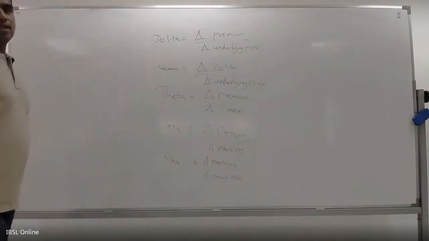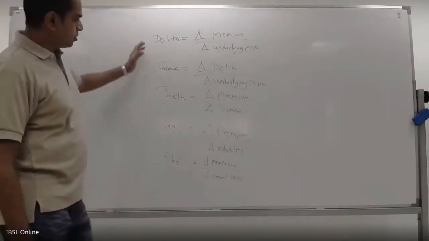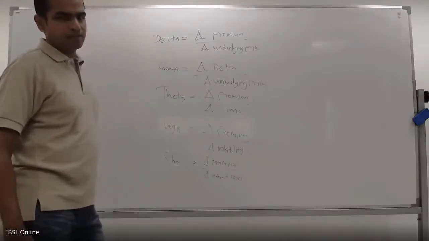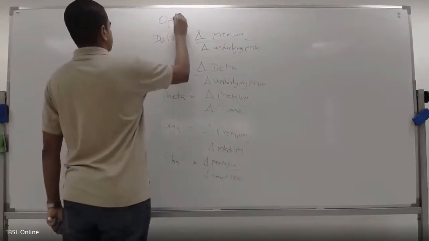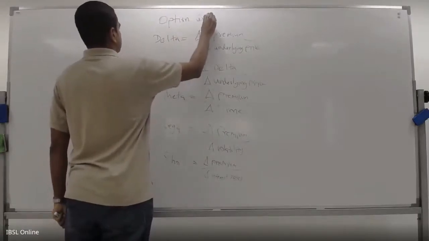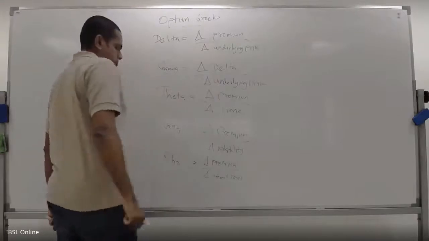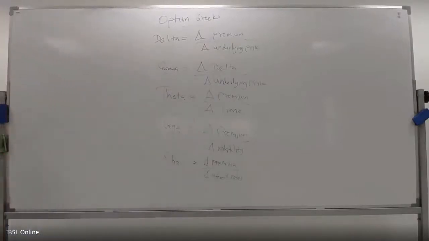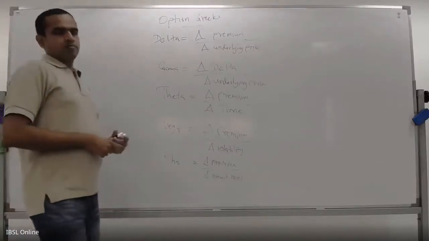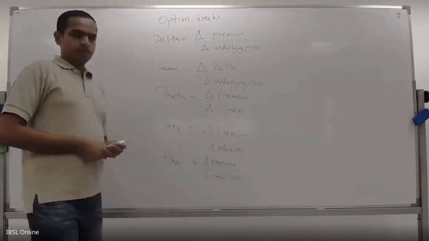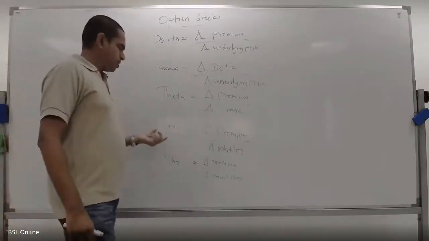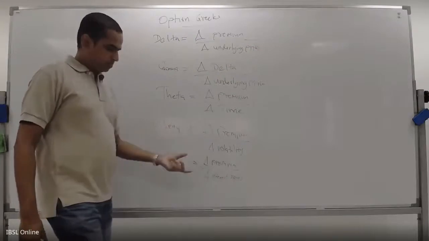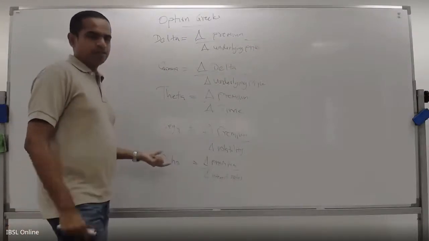So these are all letters of the Greek alphabet. So they are called option Greeks. Easy to remember. The theta and time, both T. Vega, volatility, both V. Rho is R, which is an interest rate.